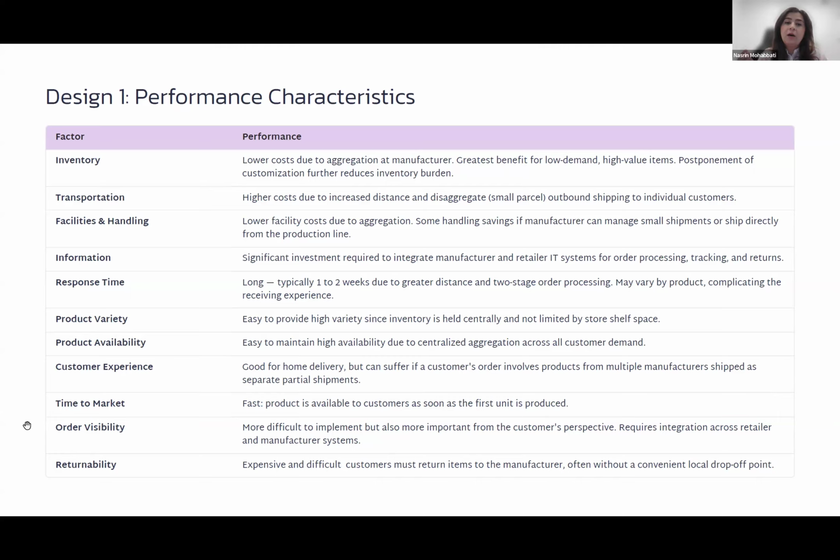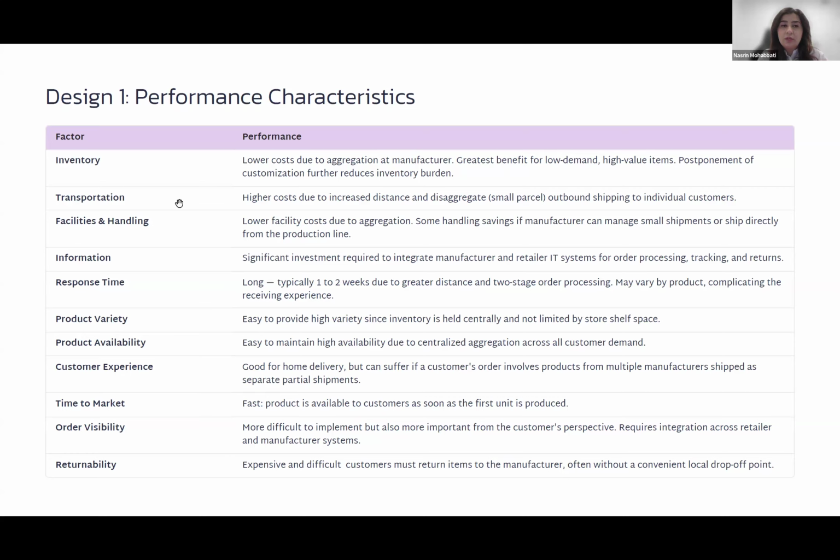So we want to figure out what are the weaknesses and strengths of each of these design options. So in terms of inventory, maybe there is a strength if we are interested in low cost of inventory. Since we don't have distribution centers that much or retail stores keeping all the inventory, we have just centralized locations for the inventory, so we have low cost of inventory.